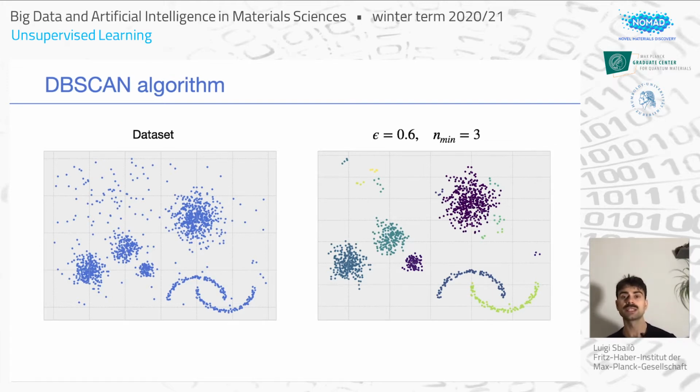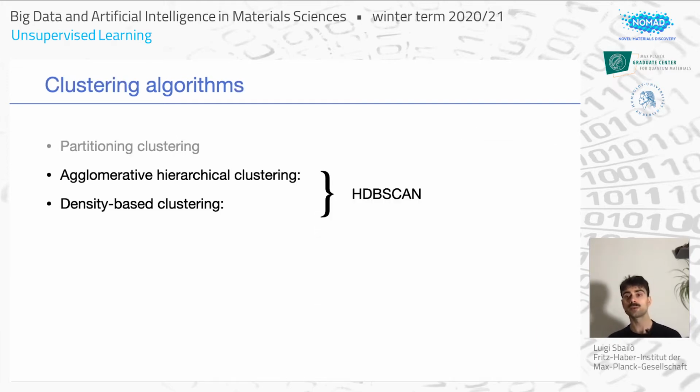But this is something that we clearly don't want to do by looking at the dendrogram in a qualitative manner. We would like to have an algorithm that does this for us in an automatic way. And this is the next topic, the last clustering algorithm we discuss today.